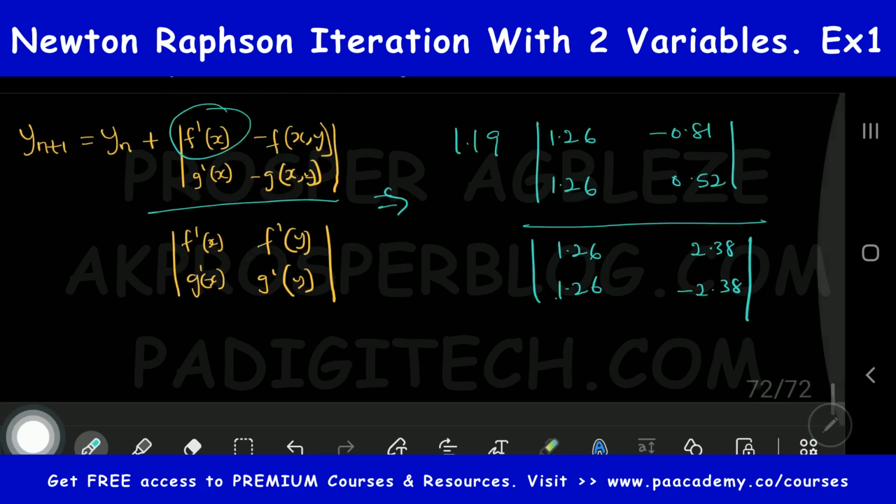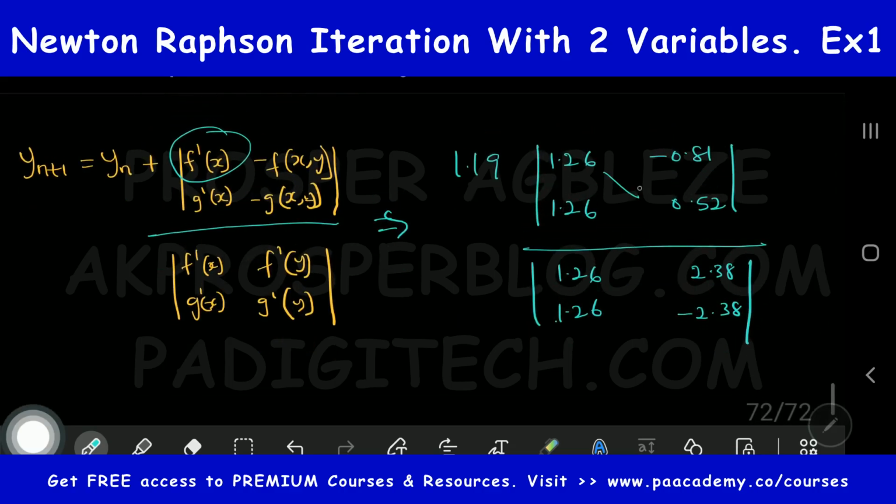If you do this correctly, like I've explained, you multiply this together, then minus the product of this, also multiply this, and then minus the product of this. If you do this correctly, you are going to be having 1.19 plus 1.6758.